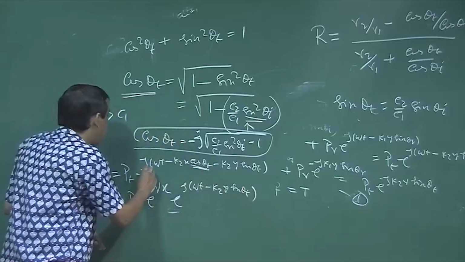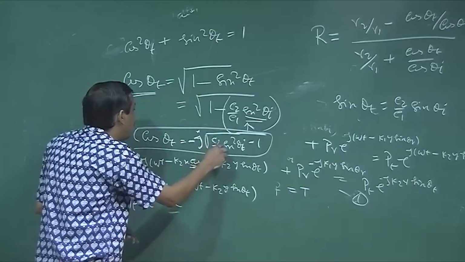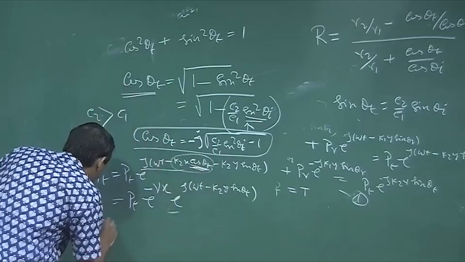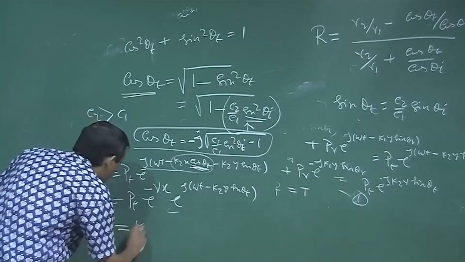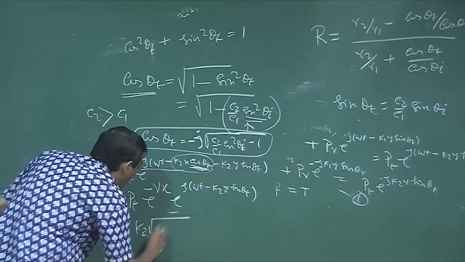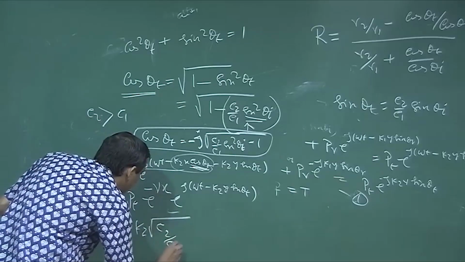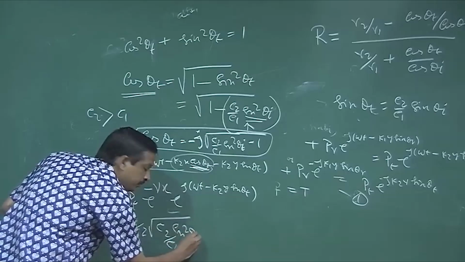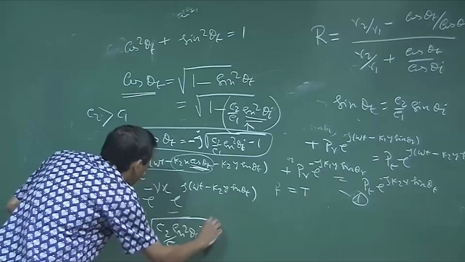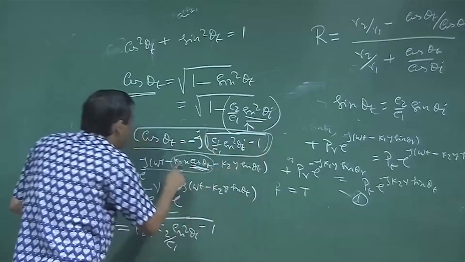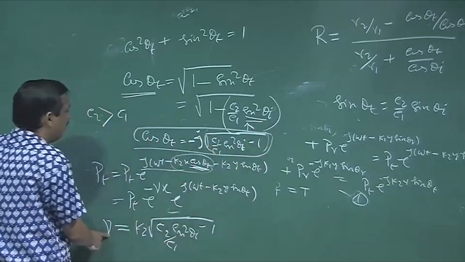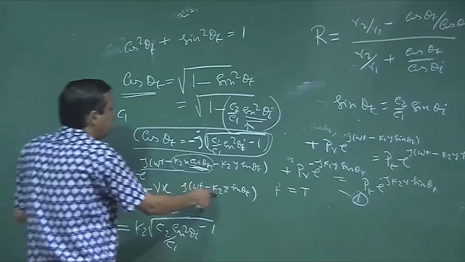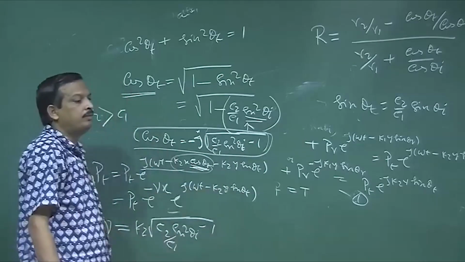Here gamma is nothing but k2 root over of C2 by C1 sin square theta I minus 1. So, this term times k2 I call gamma. So, e to the power minus gamma x, e to the power j omega t minus k2y sin theta.